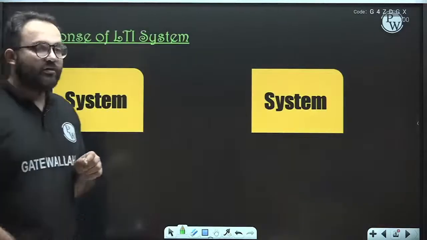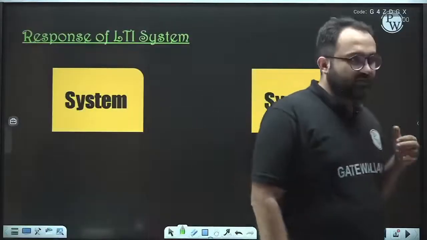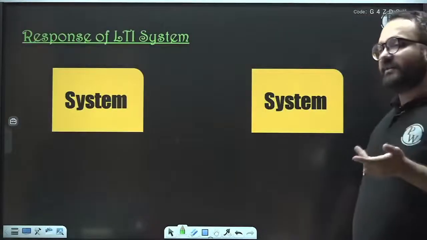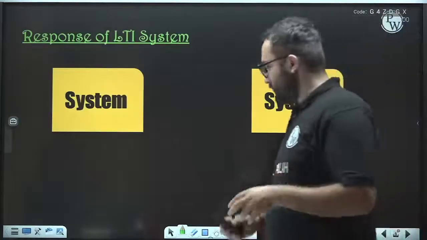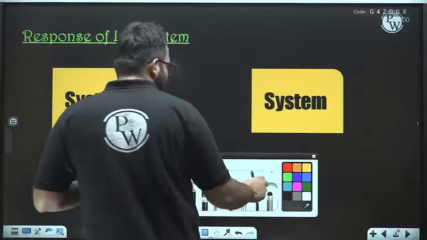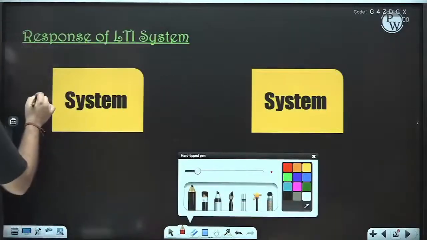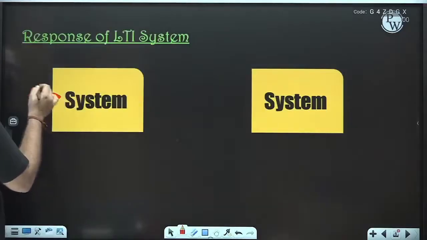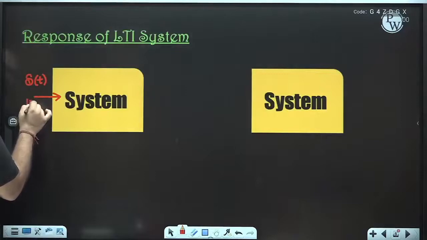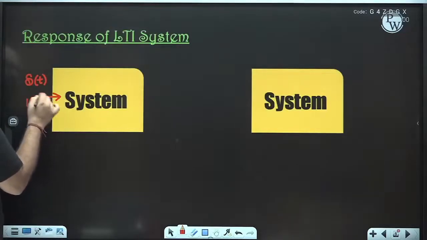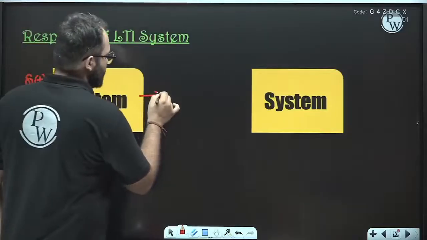LTI system. In the last class, in the last series, we studied what linear and time invariant systems are. So linear and time invariant, we know what it is. Now let us say that the input to the system is delta(t). If we put delta(t) as input to the system, then we'll get a response.